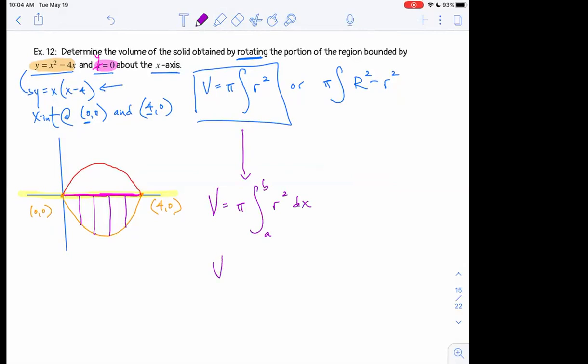Now, I only want to do one last step here, which is what is our equation that we use for our radius? So what do we use for our little r? And what do we use for our a and b?